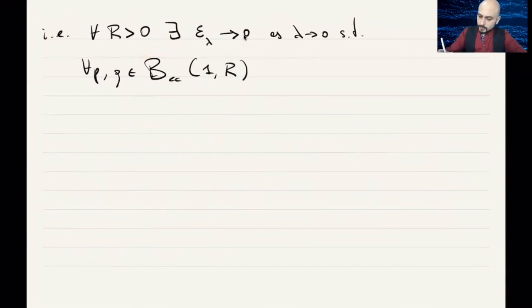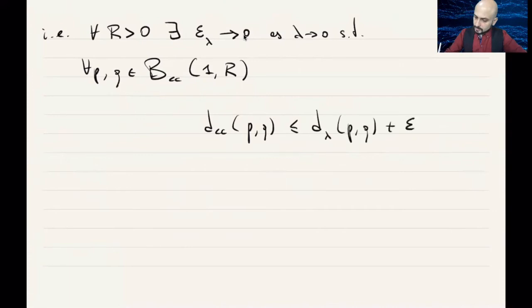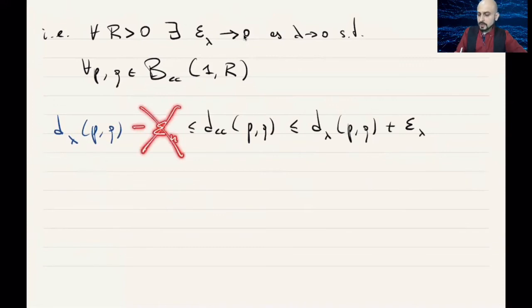For all points, what we have is that the distance dcc between P and Q is less or equal than the distance d lambda between P and Q plus epsilon lambda, and is greater than, actually I'm going to write something stronger, d lambda between P and Q, and I'm not going to write epsilon, because actually I'm going to prove something a little bit stronger.